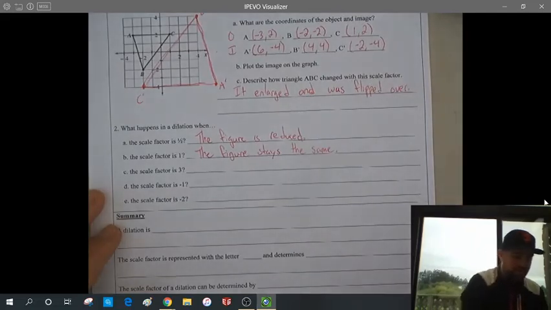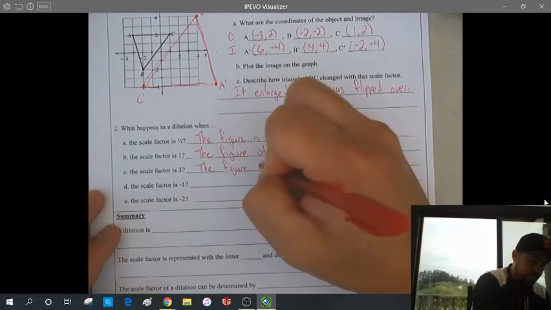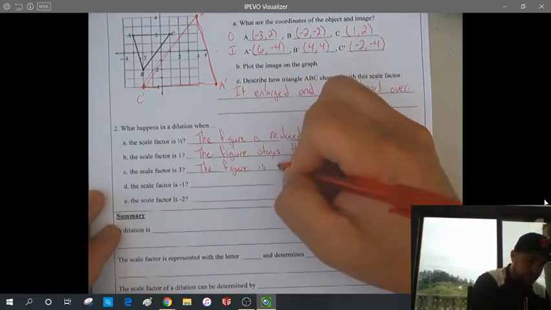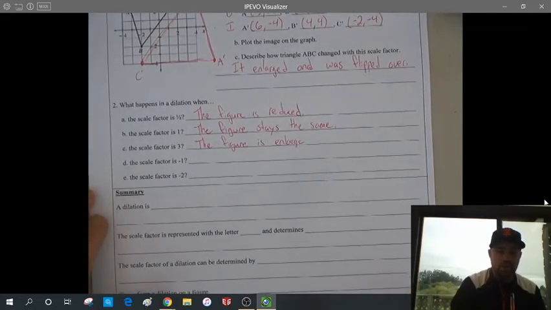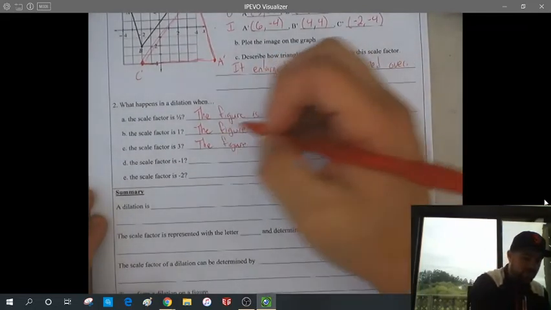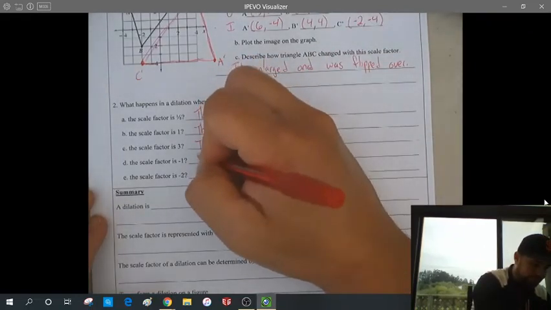A scale factor of 3 is greater than 1, so that will cause the figure to enlarge. The scale factor is -1. Well, it keeps its same size, but because of the fact that it's negative, it's going to cause it to flip over.